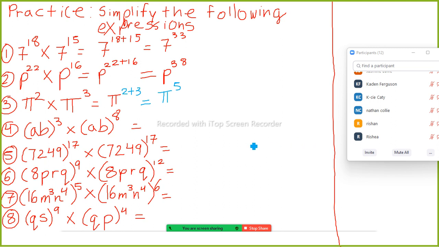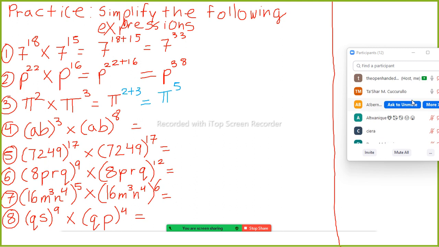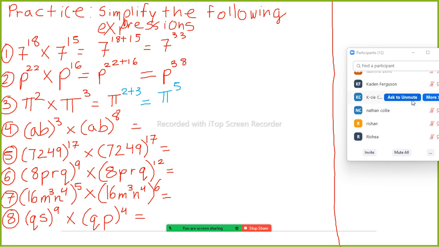Rashawn, what did you get for number 4? AB to the power of 11. AB to the power of 11.